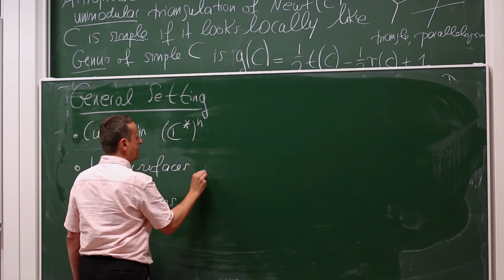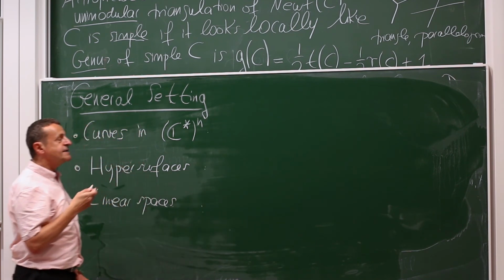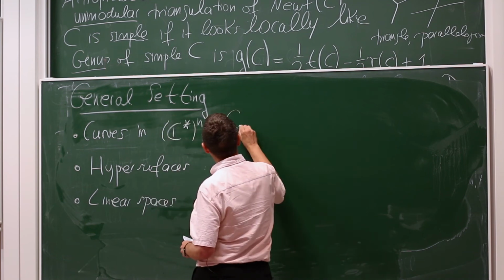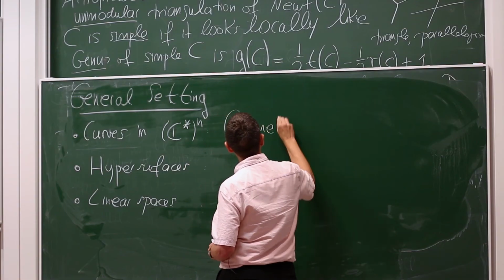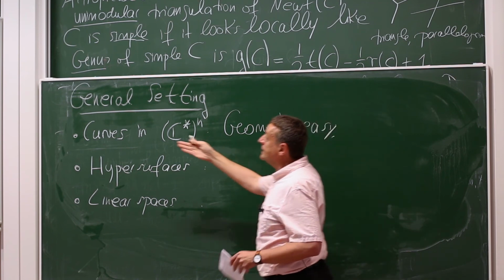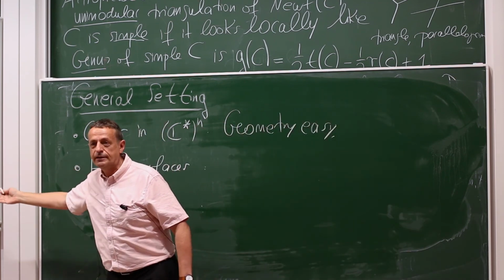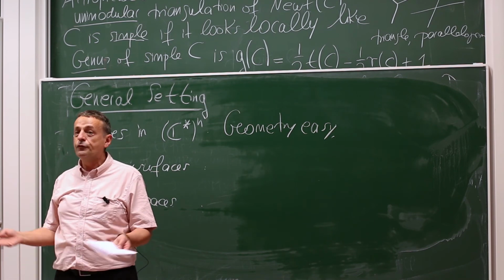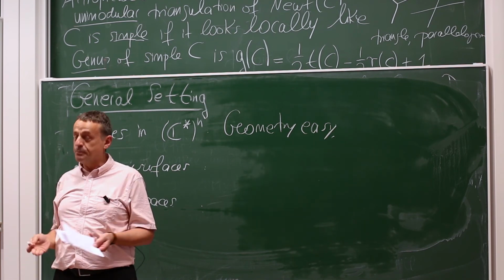Now what's happening when you discuss compactifications? For curves, I claim the geometry is easy. I made it sound easy here, and it is easy. A complex curve is a Riemann surface. You removed a bunch of points, and you just put them back in.